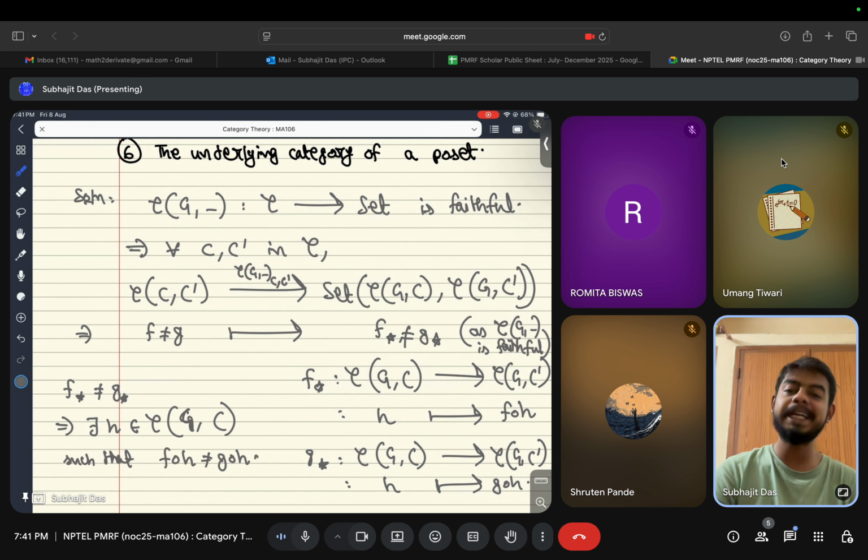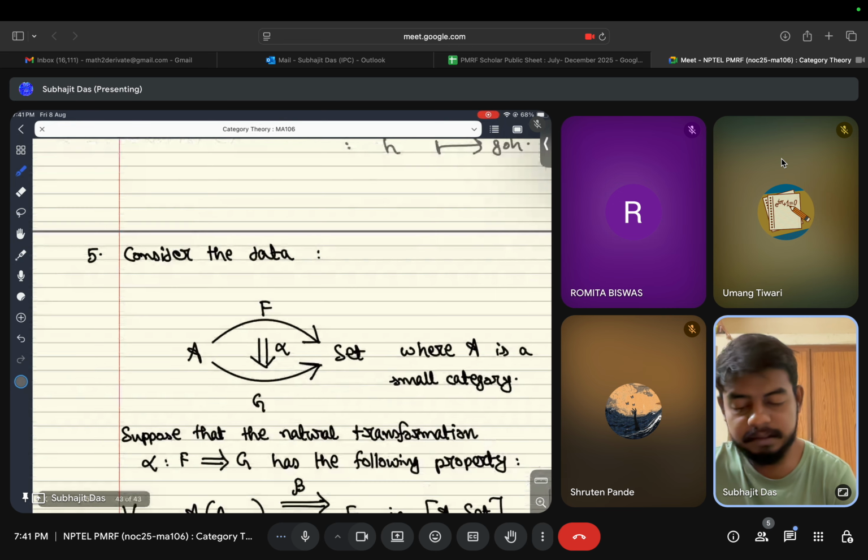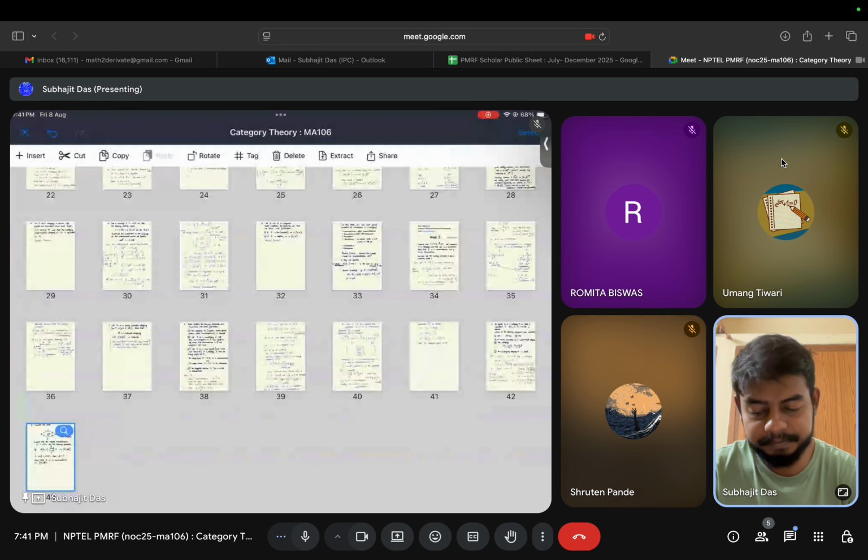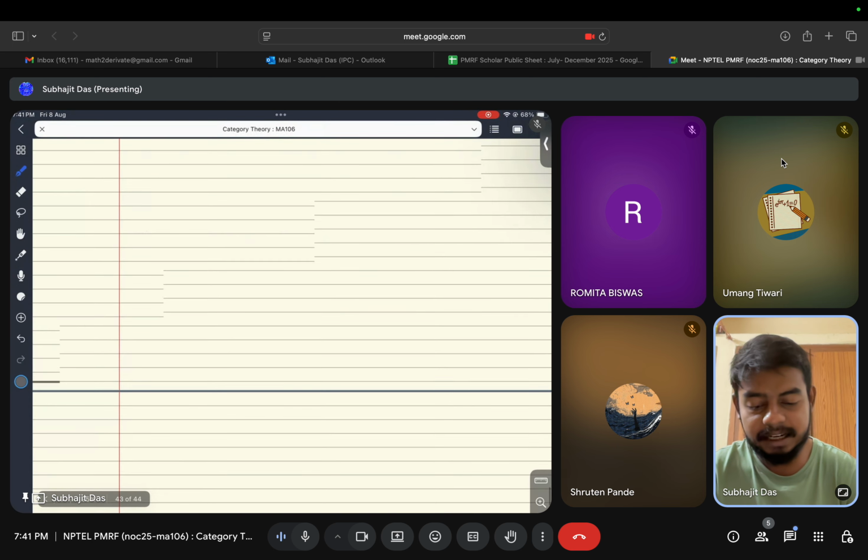So what does it mean to say that capital G is a generator? It means that whenever you take two distinct arrows F, G from some object C to some object C prime, there should exist an arrow H from G to C such that the composites are unequal, right? This is what it means. This is what we have proved, and you can check that the converse is also true.